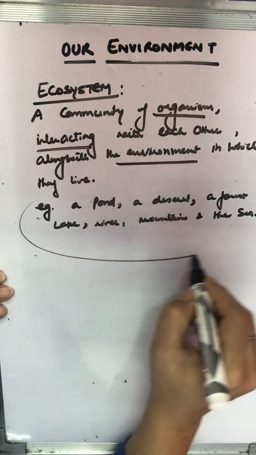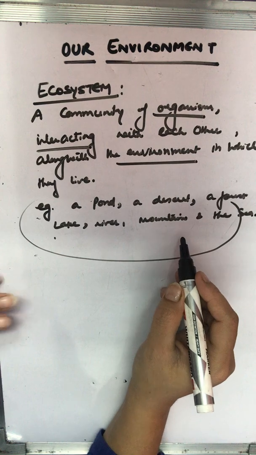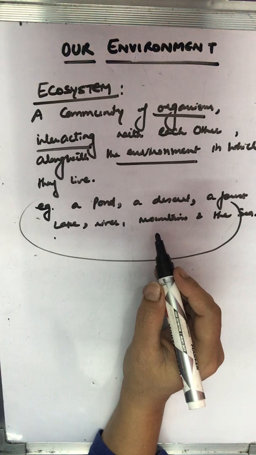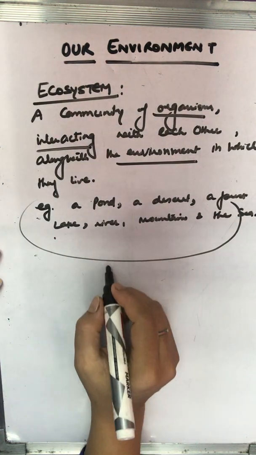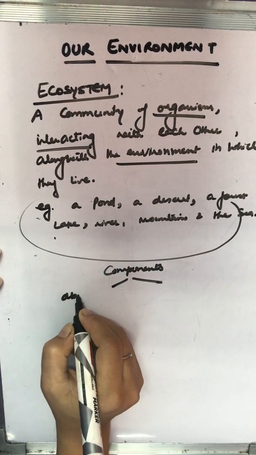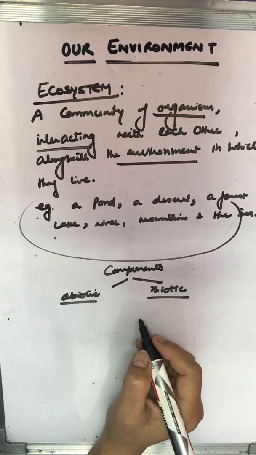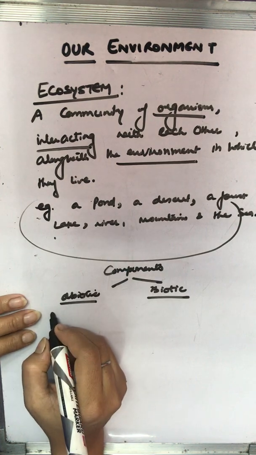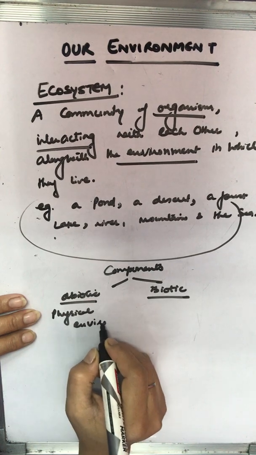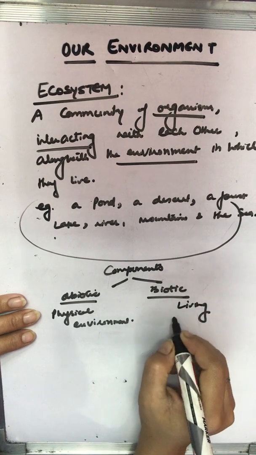All these are examples of ecosystems, and all these ecosystems are made up of two main components. What are the main components that we see here? Any idea? We have already covered that. The components are abiotic as well as biotic. Abiotic, as we have already discussed, includes the physical environment, and the biotic includes all the living organisms.